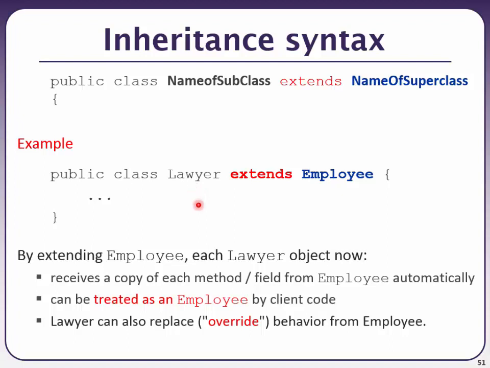And in that case, my code that is using those methods, that are standard for every Employee, won't even know that it's using a specialized method for a Lawyer. That will happen naturally without having to do additional work, additional checks and stuff like that.